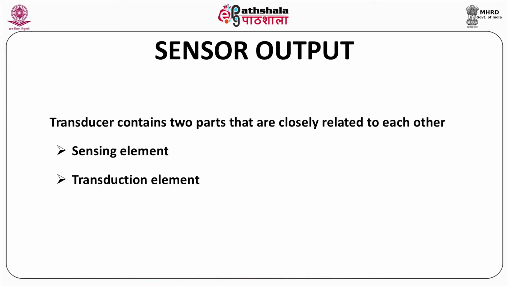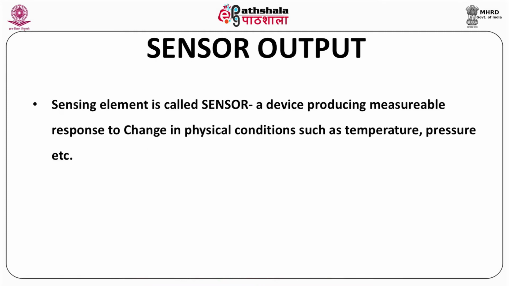And the transducer contains two main parts which are closely related to each other: a sensing element and a transduction element. The sensing element, called the sensor, is a device producing a measurable response to change in physical conditions such as temperature, pressure and so on.